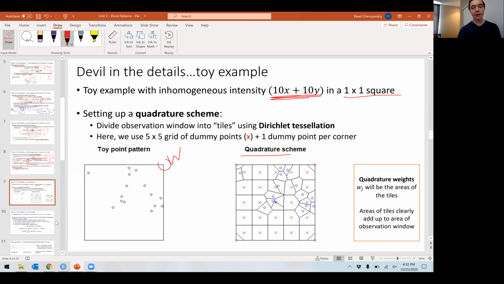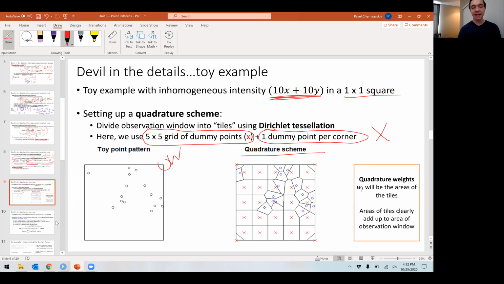So I'm going to give my quadrature scheme. Here, arbitrarily, I'm going to have a 5x5 grid of dummy points. That's where I will be approximating that integral. We're going to put one dummy point per corner and have a 5x5 grid. And these are the x's, by the way.